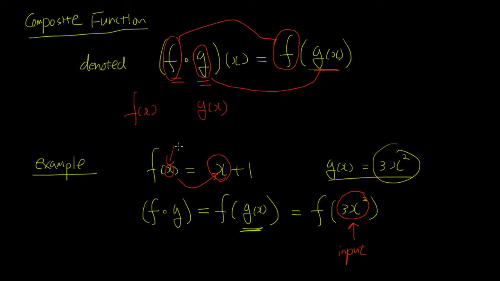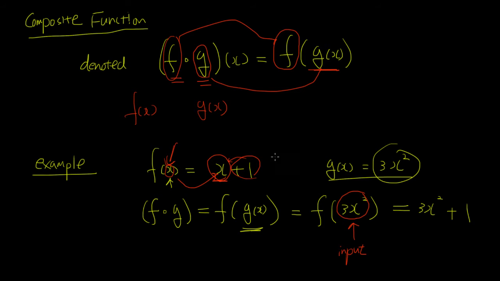This function is whatever goes in, one will be added to whatever goes in, right? So what just went in? 3x to the square just went in. So the result is just replacing this x by 3x squared. So result should be 3x squared plus 1.